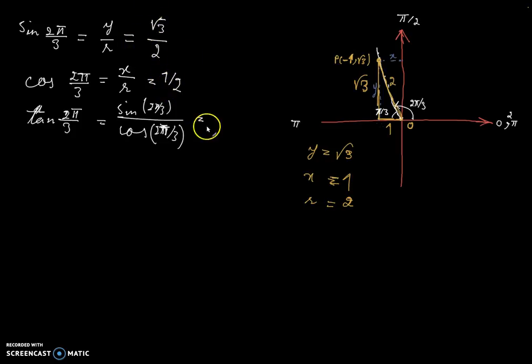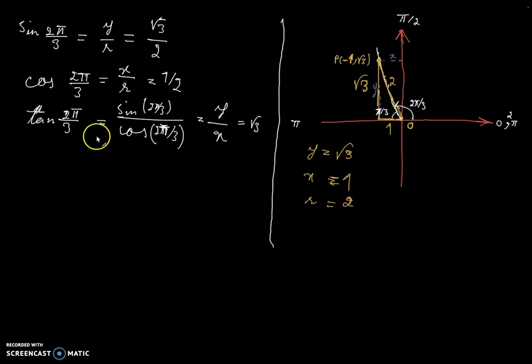But you could also say that tan 2 pi by 3 is equal to basically y divided by x, and y divided by x would be root 3. So let me draw a line over here.